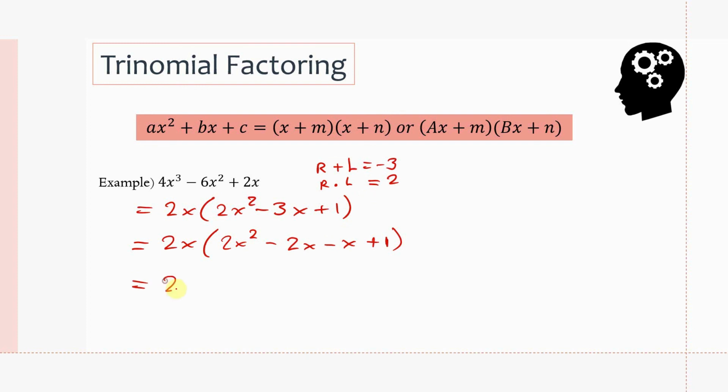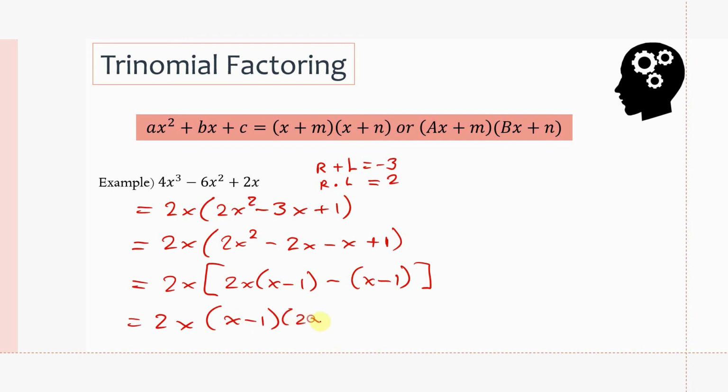And now if we factor by grouping here, we can factor out a 2x from this side, we get left with x minus 1, and we can factor out a negative 1 from this side, and we get left with x minus 1. Now, if we factor out that x minus 1, we get left with x minus 1 times 2x minus 1. And this is our final answer.